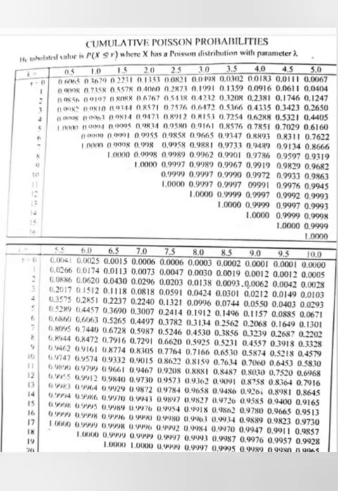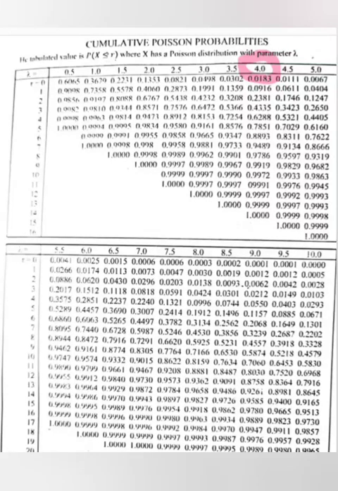To read the value from the table, I'll first locate the value of lambda at the top uppermost row. The value of lambda 4 is located there, and then on the left hand side, the extreme left, I will locate the value of x that I am looking for, its cumulative probability value, here 5.